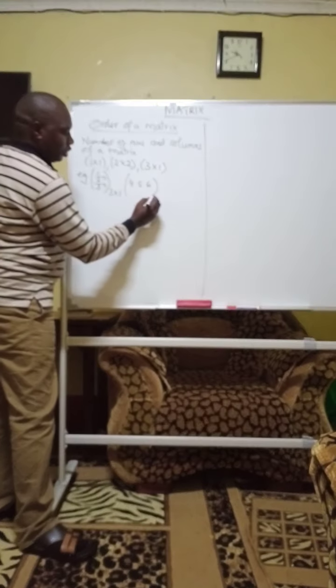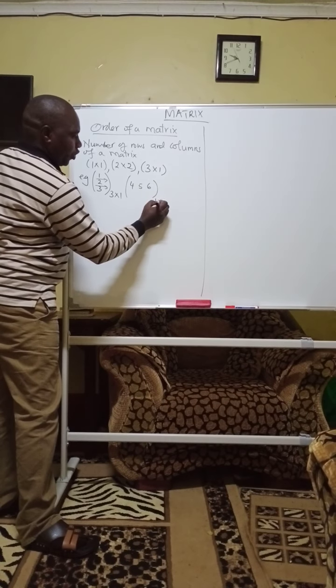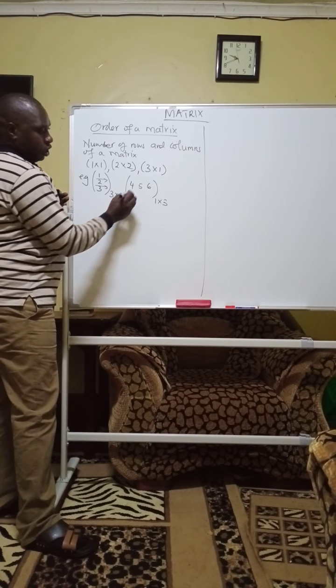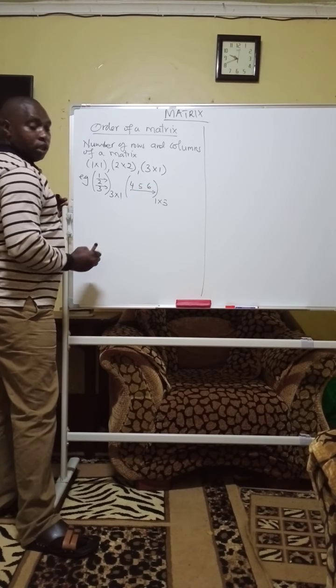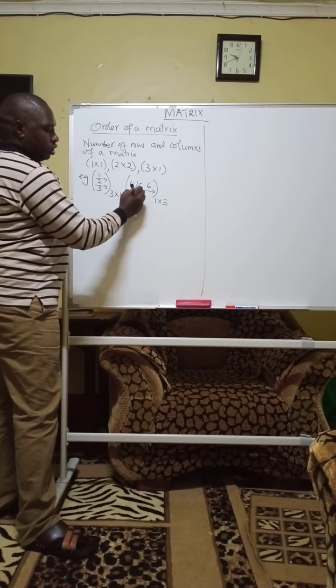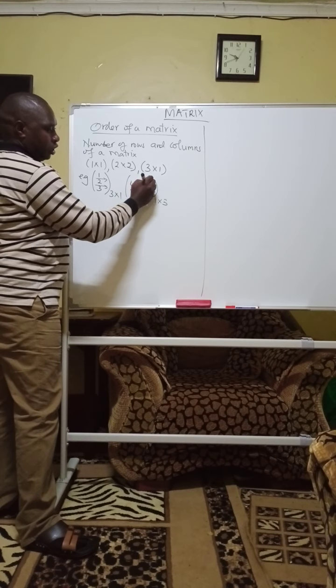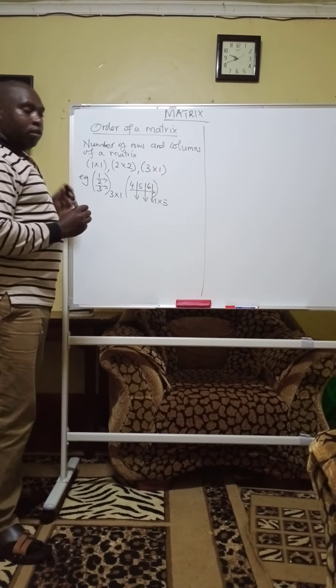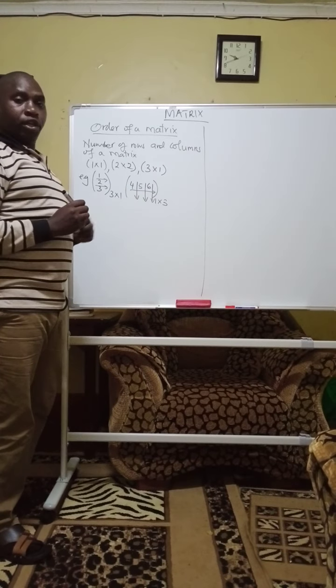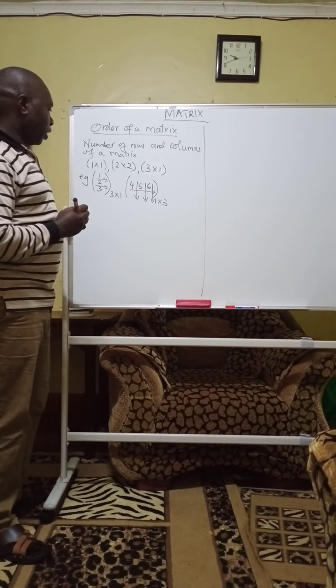And again, this is a matrix of order 1 by 3, meaning that it has 1 row. You can check, that's 1 row. But it has 3 columns. This is the first column, the second column, and the third column. So basically it has 3 columns. That's why it is a 1 by 3 matrix.